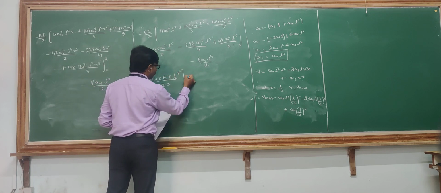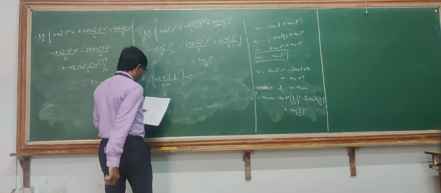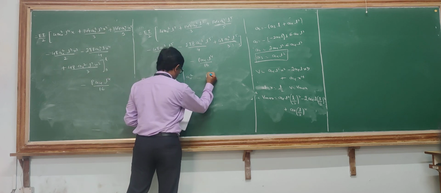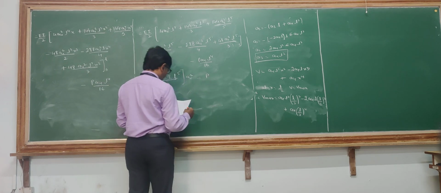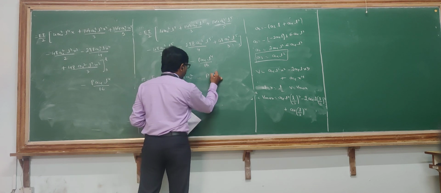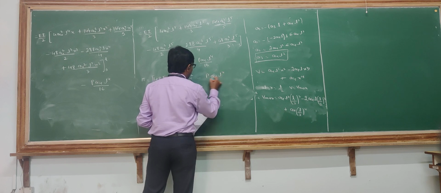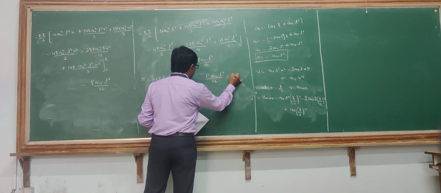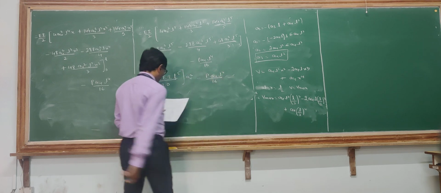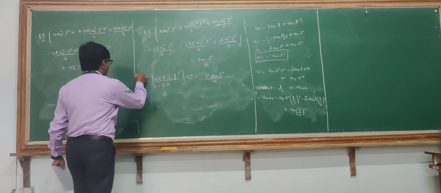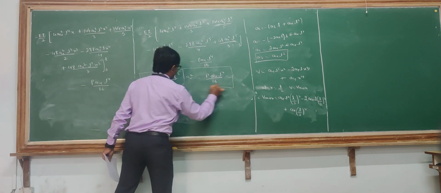Okay, so just you have to take the LCM, otherwise it will be lengthy, minus P a4 L raised to 4 divided by 16. This is pi. Okay, so now we got the pi equation in terms of a4.